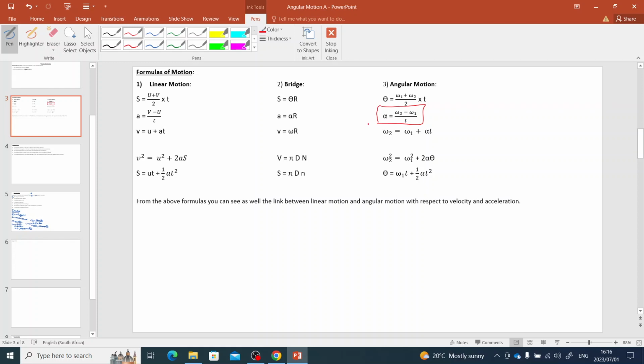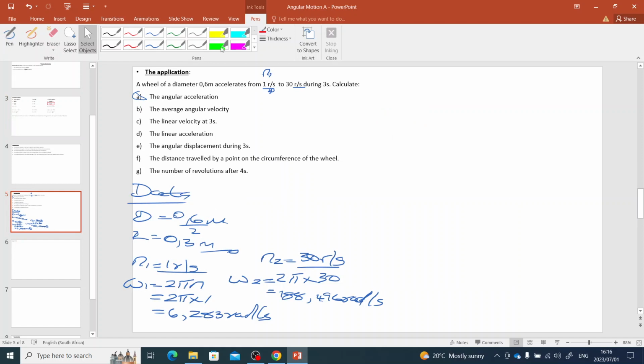That's what I said on the first part of this lesson, that you should know your formulas as well. Now, this is the formula that we'll be using to calculate that which they want us to calculate. They want us to calculate angular acceleration. It is alpha equals omega 2 minus omega 1 over time.